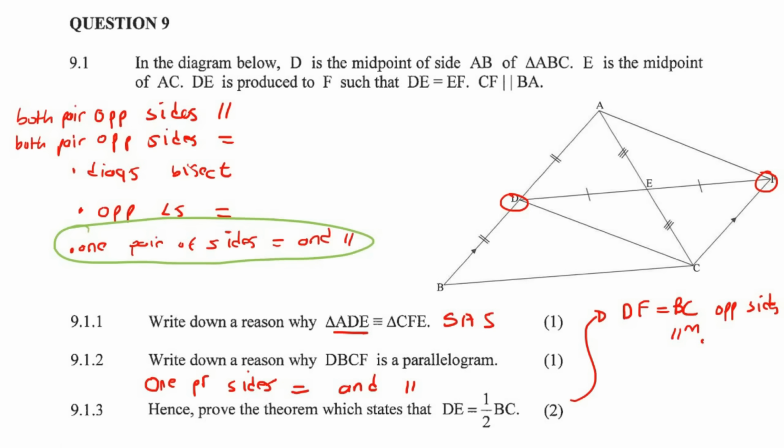Okay, so we know that, right? But then we also know that these 2 are the same. So we can say that the length of DE is a half of the length of DF. Okay? But now we know that DF and BC are the same. So we can also just say that DE would then also just have to be a half of BC. And that's exactly what they were trying to show us, or asking us to prove over there.